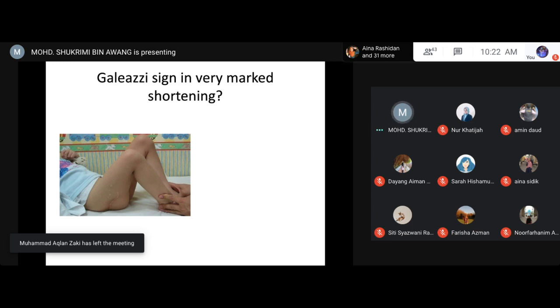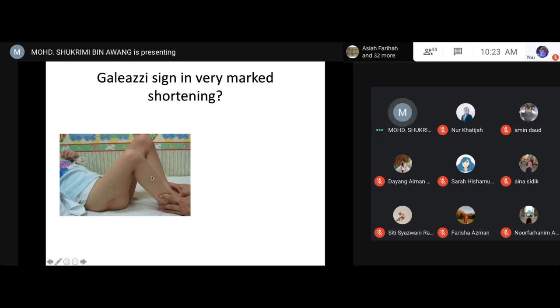So if more than 5 centimeters, either one bone or pathology in both femur and tibia, the Galeazzi sign will be significant. So in very much shortening, you may get a positive Galeazzi like this because of a problem over the femur as well as the tibia.